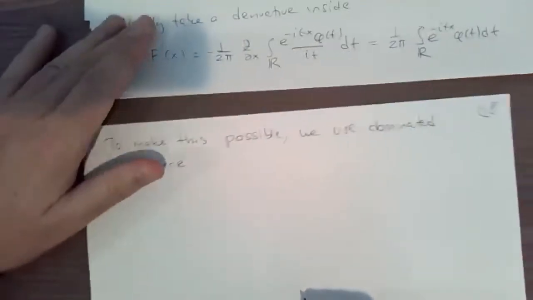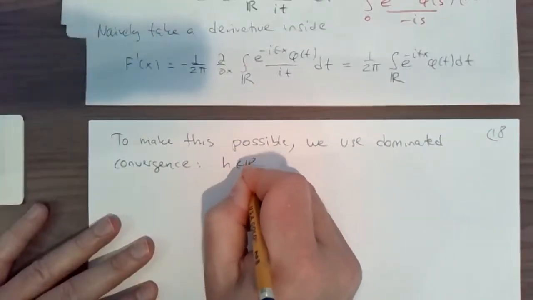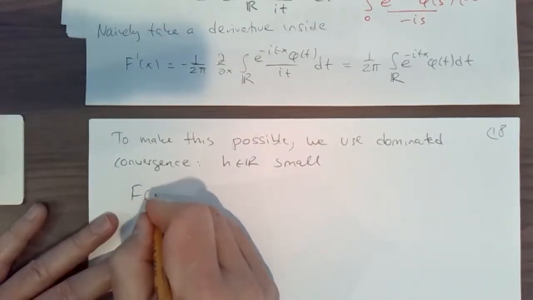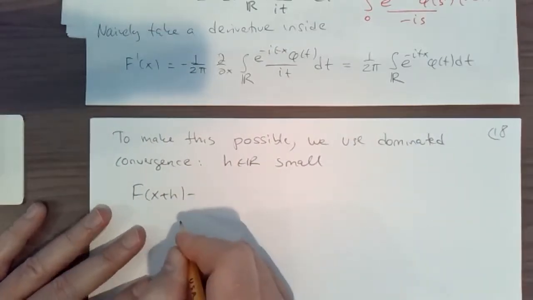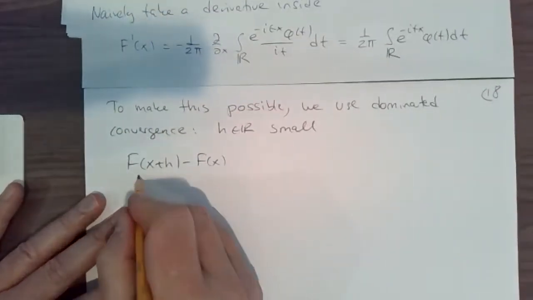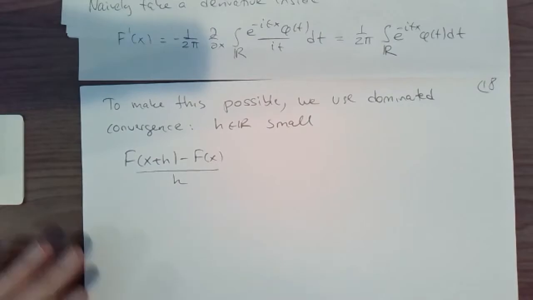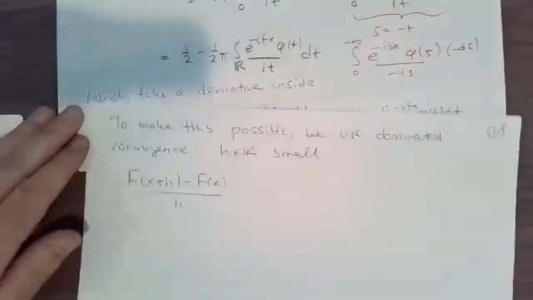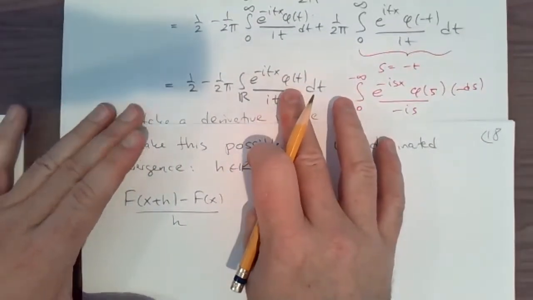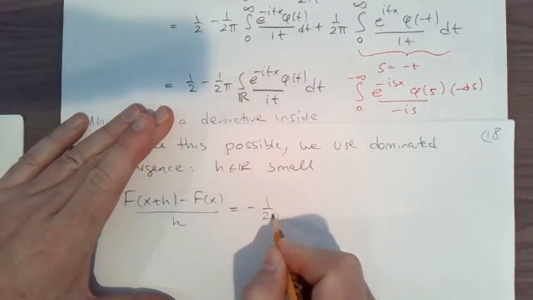We just recall what the derivative is, right? So we pick an h small. So f of x plus h minus f of x, that's the thing that's going to become a derivative when you take h to 0. We use the formula that we derived here. So this is going to be minus 1 over 2 pi.